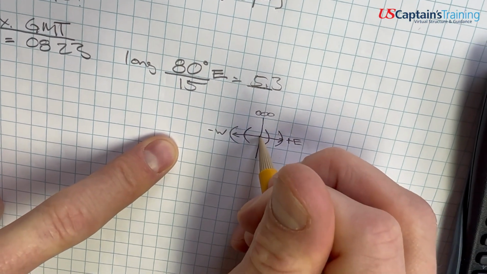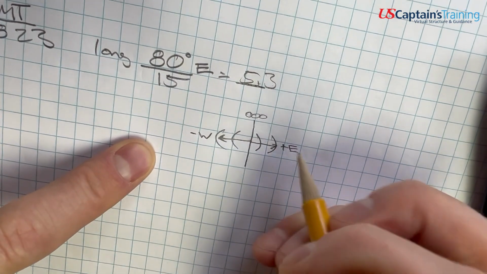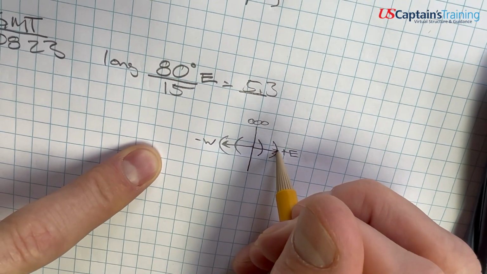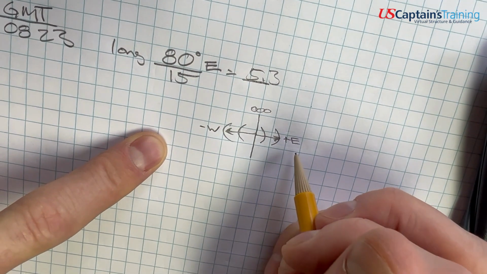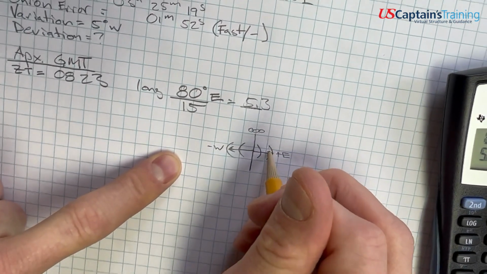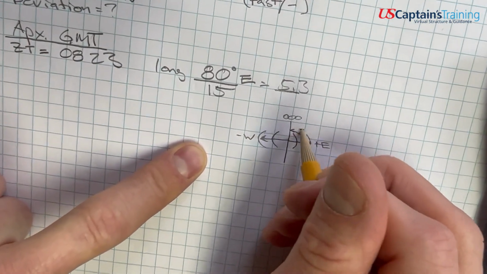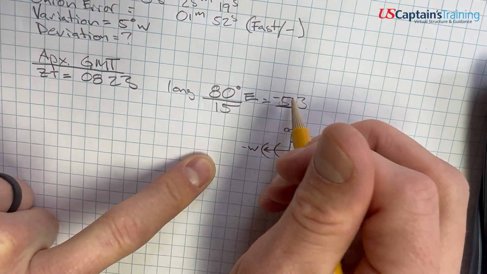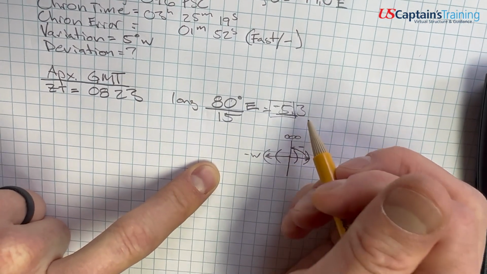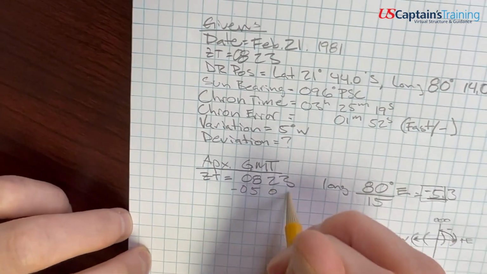If you think like New York to California, you subtract. But California to New York, you would add. Now our longitude is east. So to get from the east back to the prime meridian, Greenwich Mean Time, we're going to minus. So we're subtracting 5 hours.